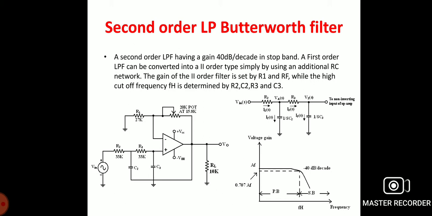The operational amplifier is connected through feedback to the inverting and non-inverting terminals, with 20 kilo ohm and 15.8 kilo ohm resistors. The output is across the load resistance of 10 kilo ohm. So this is the second order low pass Butterworth filter model.